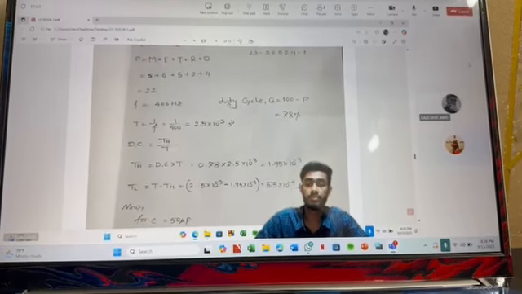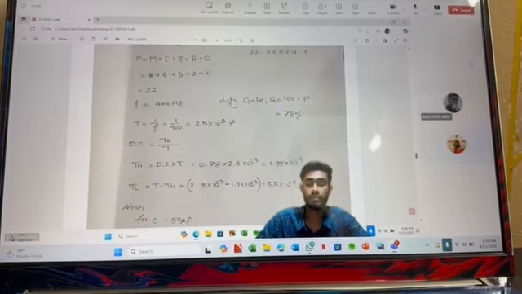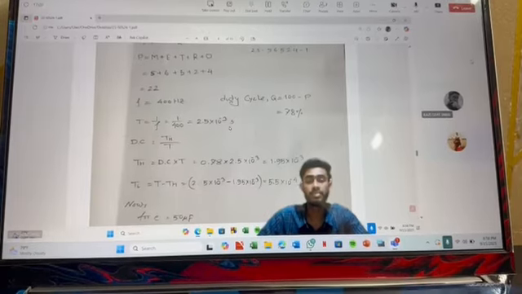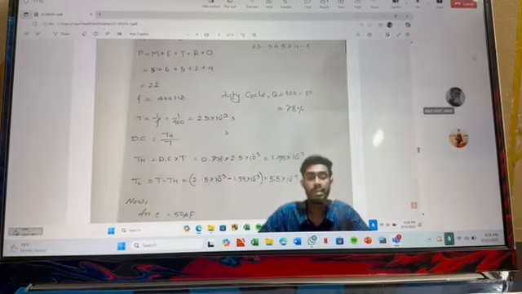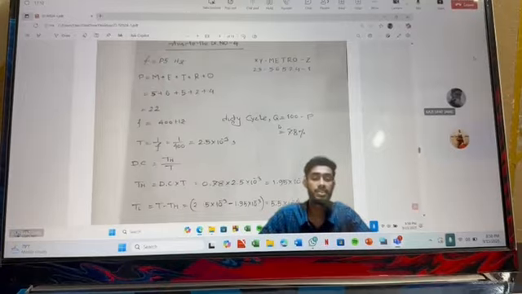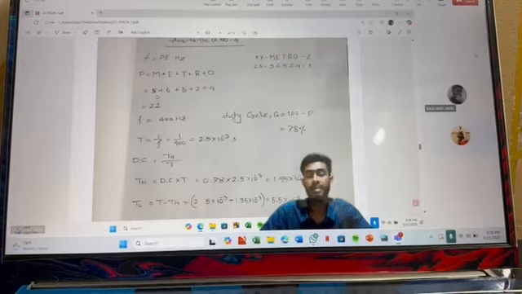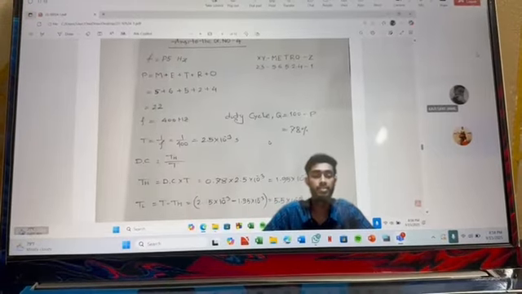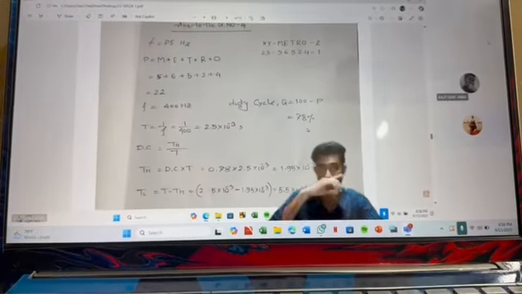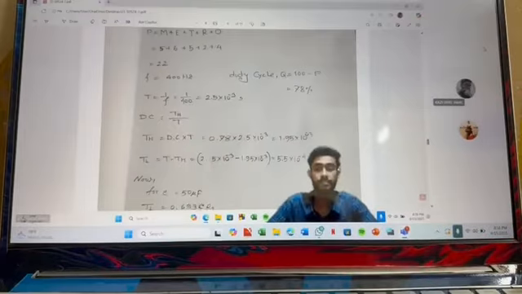The time period T is 1 by f, equal to 1 by 400. It is 2.5 times 10 to the minus 3 seconds. Our duty cycle Q is 100 minus P. From our ID, we got P as 22, which gives a duty cycle of 78%.